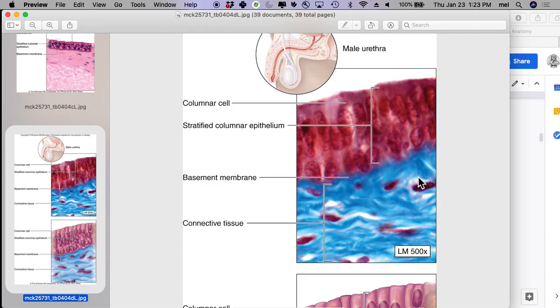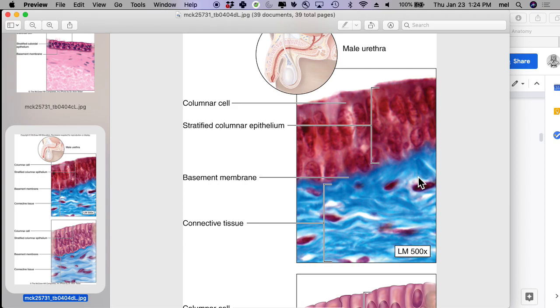And in males, it changes tissue type. In both sexes, the majority of the urinary tract is lined with transitional epithelium: ureters, urinary bladder, the entire female urethra, and the proximal end of the male urethra. So why does the male change tissue type? Well, because the male urethra has dual functionality. It has urinary tract functionality, but it also has reproductive tract functionality.